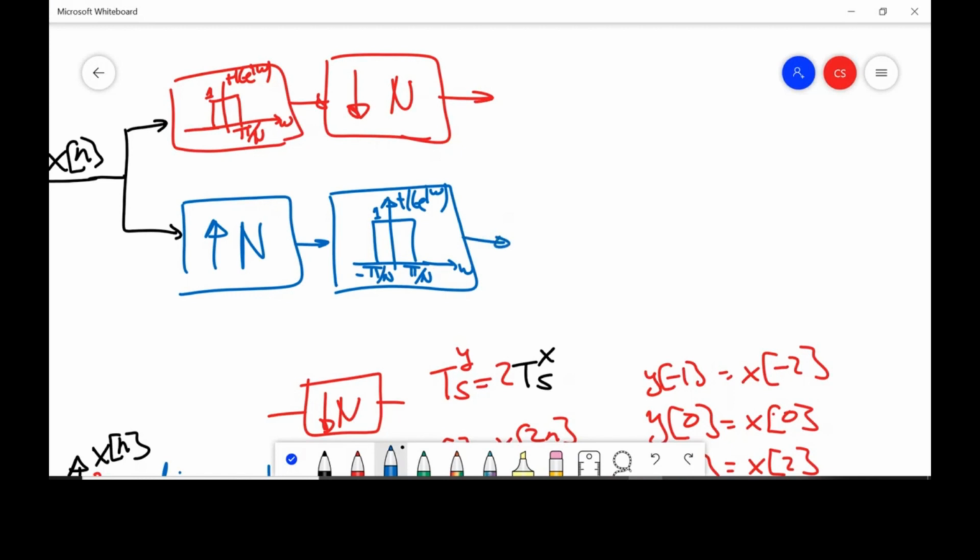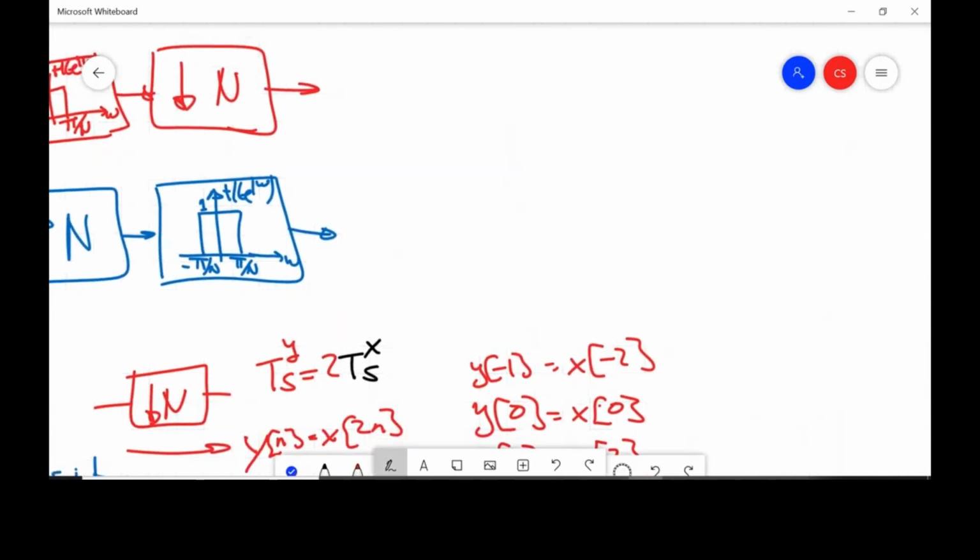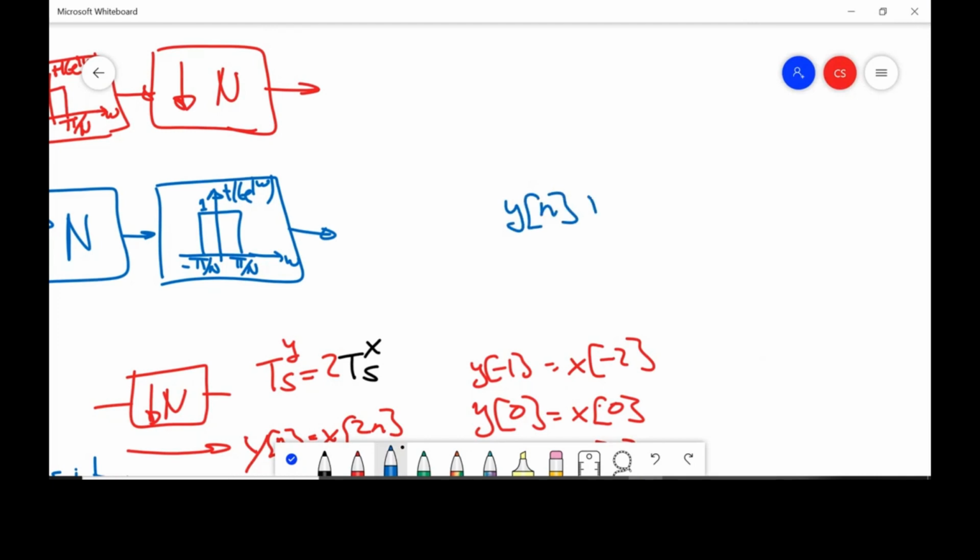We have y, that is the upsampled signal, and if we are filtering it, we are convolving it with the impulse response of your filter. So if you use this filter, what is the impulse response of that?